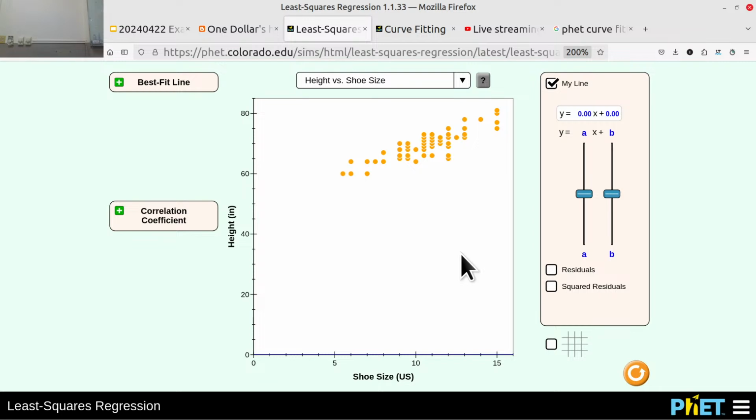So it's very significant. As human height increases, shoe size also increases. See? It's a correlation, but you don't have any evidence. Now we place every data point on this graph and click.